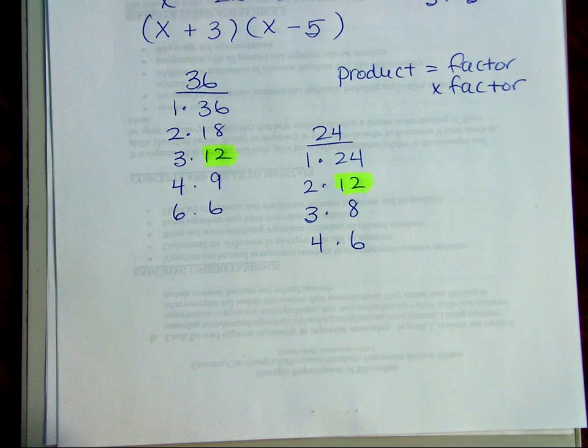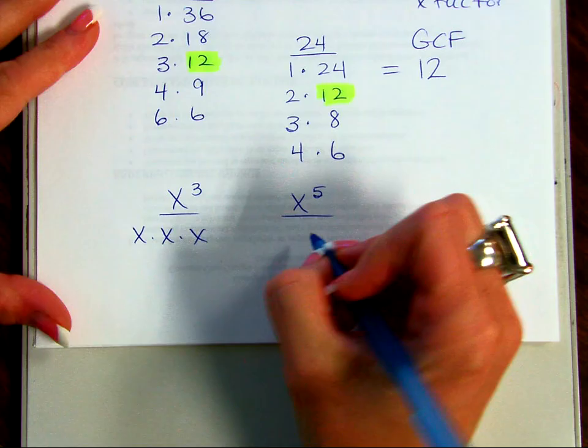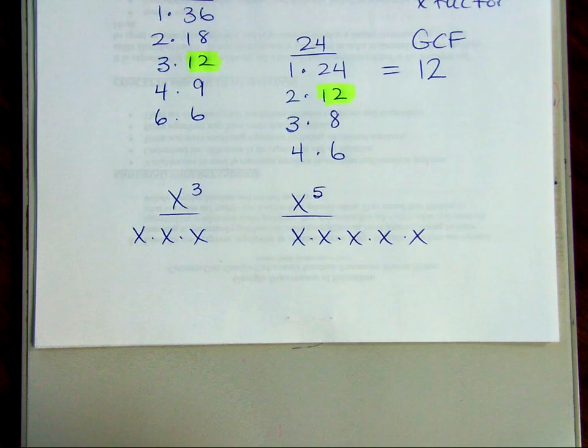So do you remember your 4th grade teacher saying, what factors do 36 and 24 have in common? You said 1. Every number has 1 in common. 2, 3. They even have a 4 in common. They even have a 6 in common. But I'm not looking for just common factors. I'm looking for the greatest common factor, and that would be 12. So the GCF of 36 and 24 is 12.